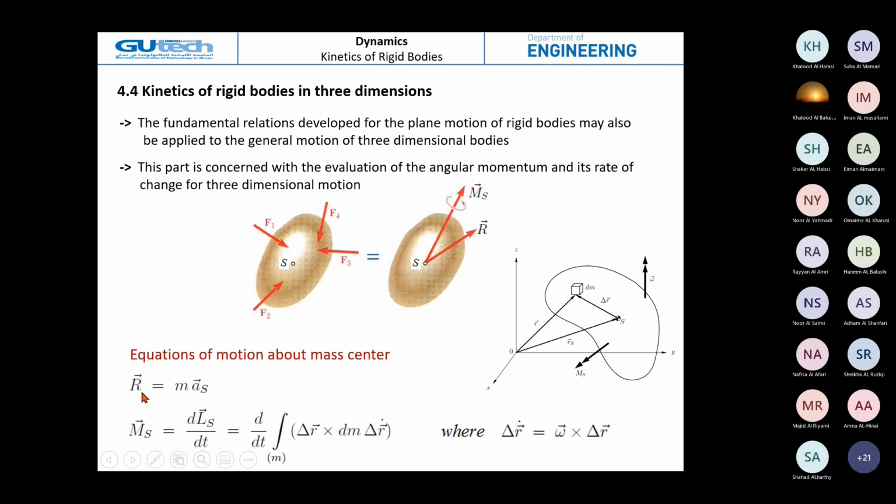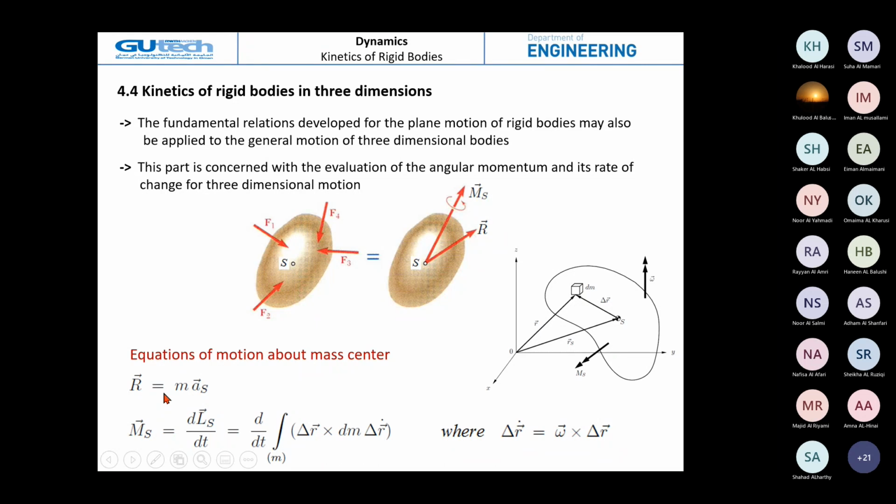Then we said that for the equation of motion, we have to make the equilibrium of the forces, as we have done for the pendulum of the beam, or thin bar.